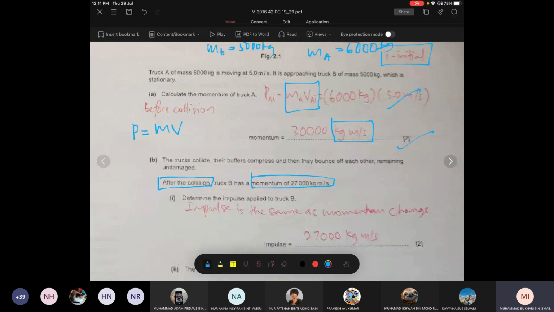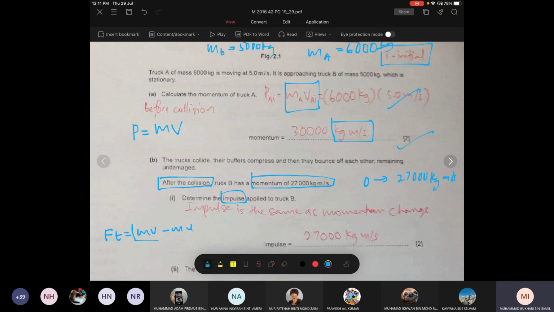So how do we know the change of momentum? From 0 to 27,000. Here is the change of momentum. So that is impulse, because the formula for impulse is what? Ft equals mv minus mu.